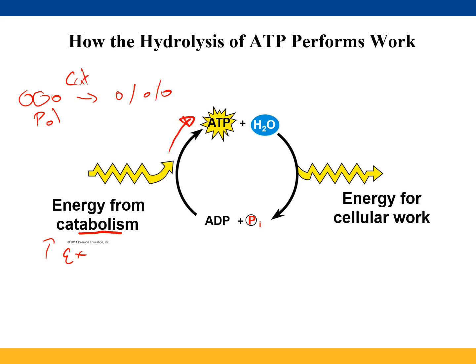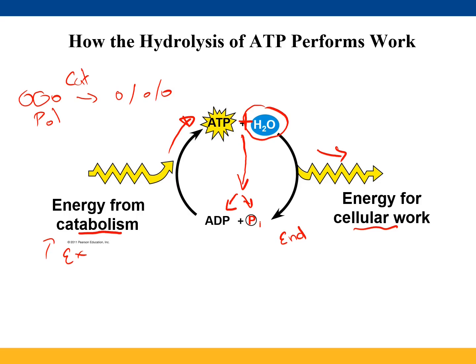So here you have energy from the catabolism, and what you do is you have water and ATP, you're going to do a hydrolysis of the tail of the ATP, and you're going to break the ATP into an inorganic phosphate and an ADP molecule, and as a result of that you are going to have the power to perform some cellular work, as we said, transport, mechanical or chemical work that is done in the cells.